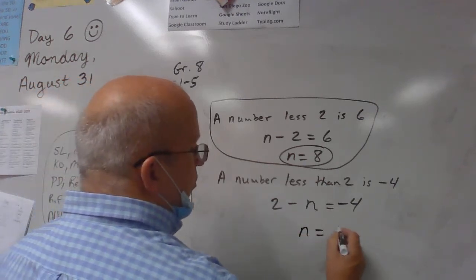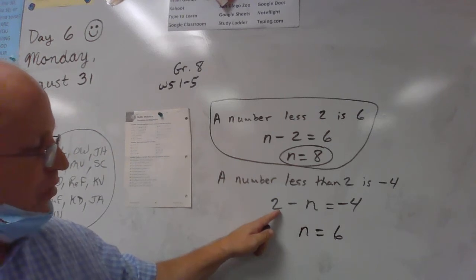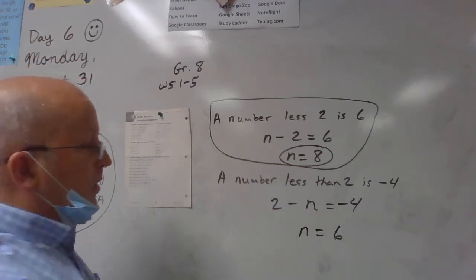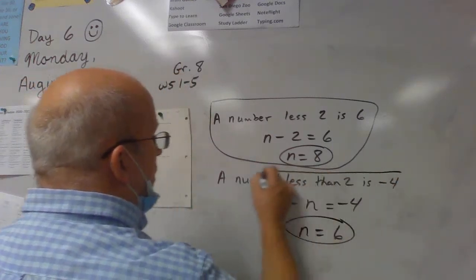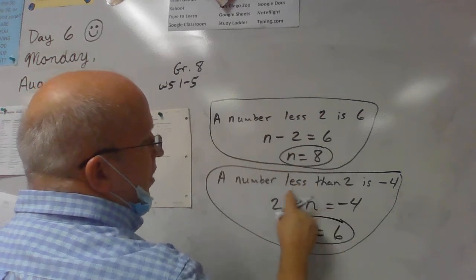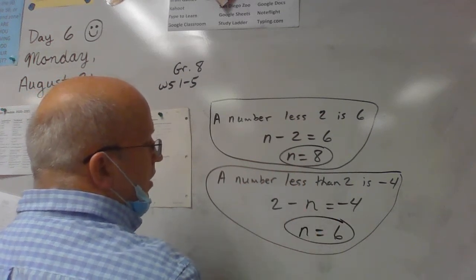Well, n has to be 6 in this case, because I have to drop 6 steps from 2 to get down to -4. Remember, less, don't flip. Less than, flip the values on either side of the phrase less than.